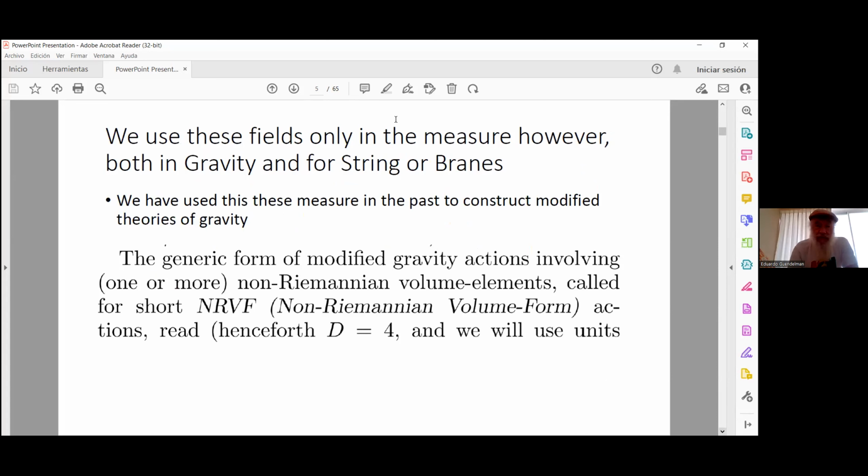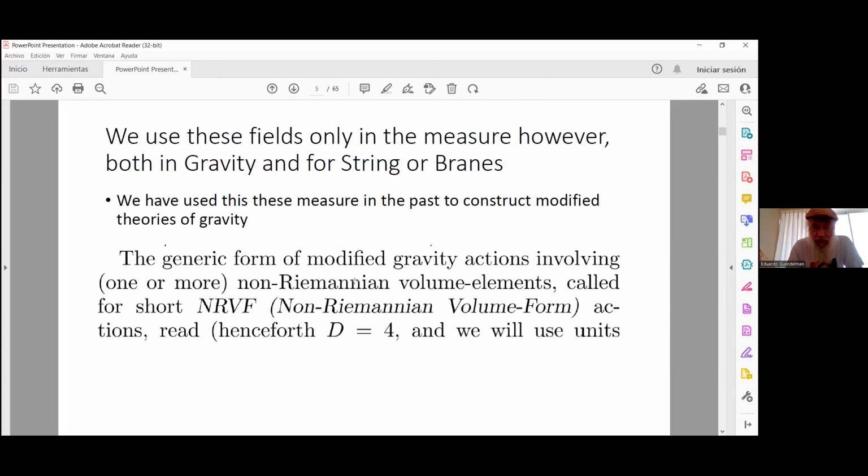So we use these 2 scalar fields in a string theory, or 4 scalar fields in gravity. And we have done a lot of work in gravity.